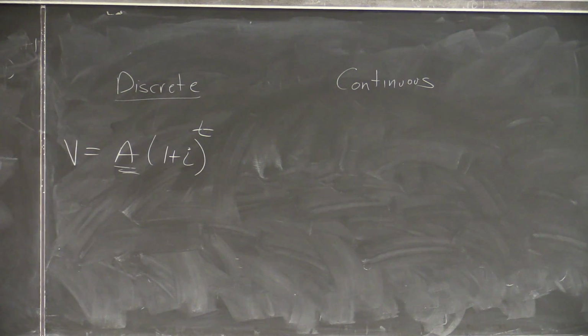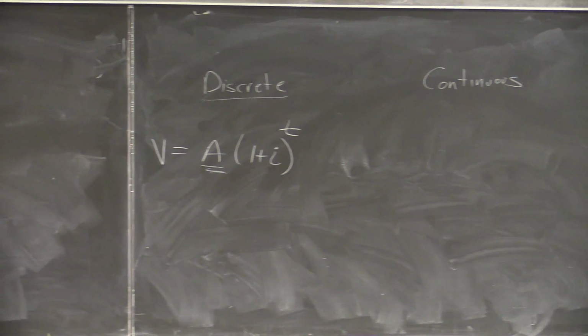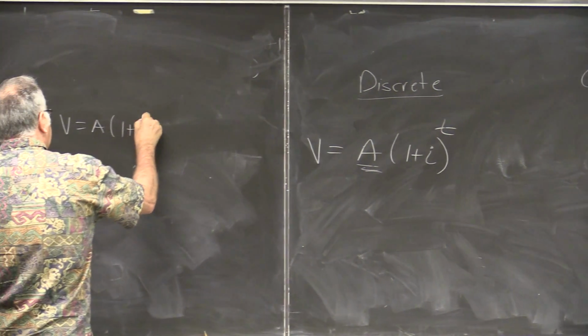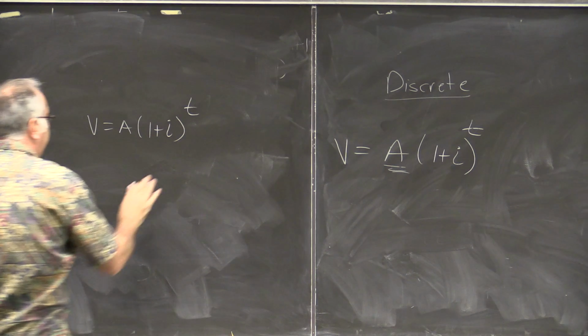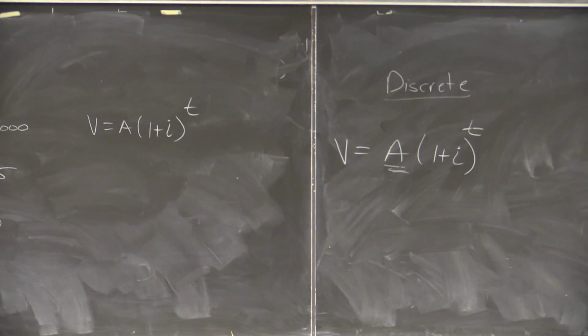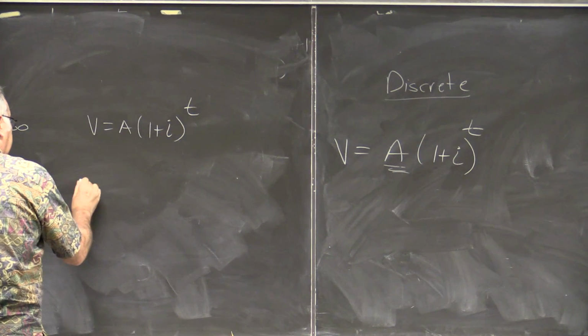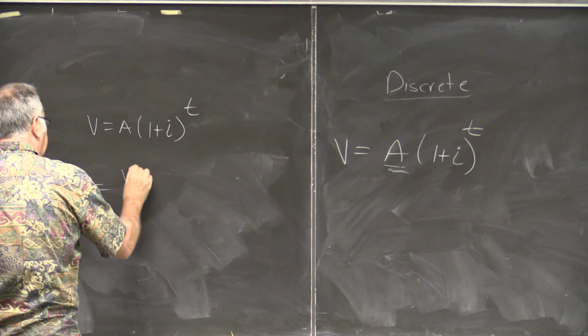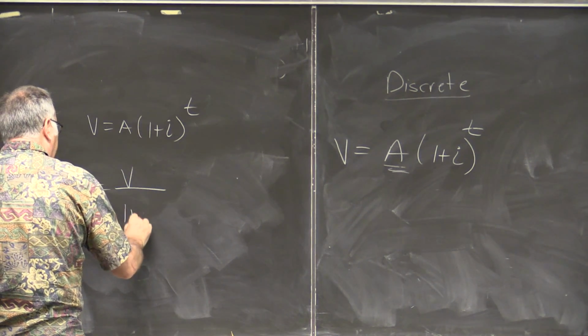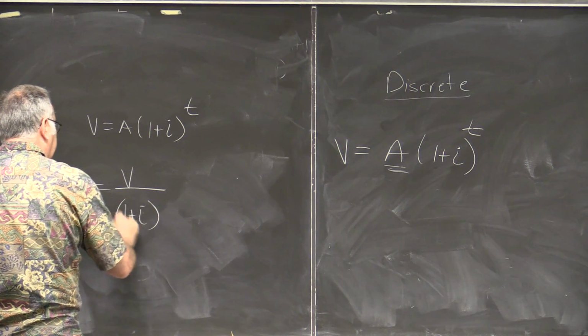So all you do, you take this formula right here, V equals A times 1 plus I to the T, and you solve for A. So just divide both sides by 1 plus I to the T. So you get A equals V divided by 1 plus I raised to the T power.